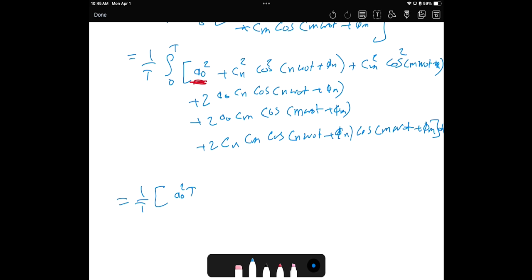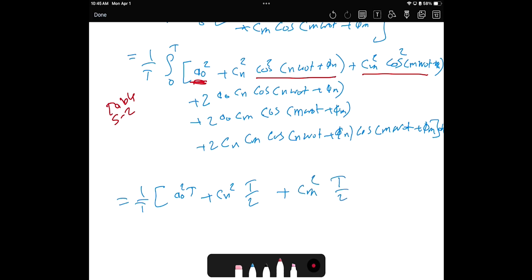Now the second term, Cn squared, then we have the integral of cosine squared. We already agreed that it will be T over 2, because again, table 5.2. Then the third term, Cm squared cosine squared, so it will be Cm squared T over 2.